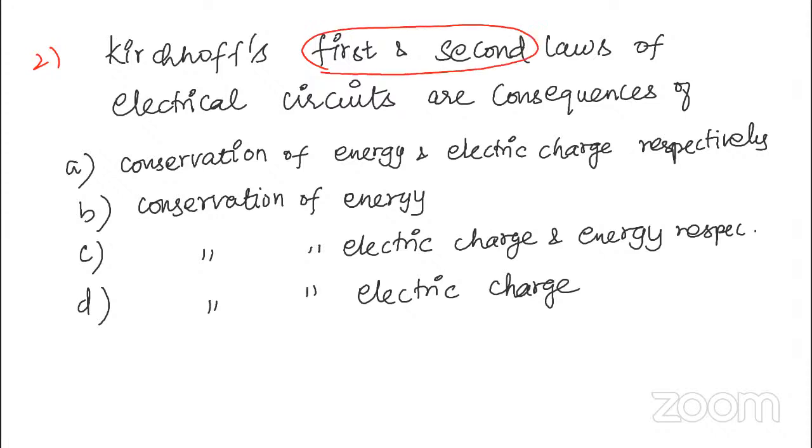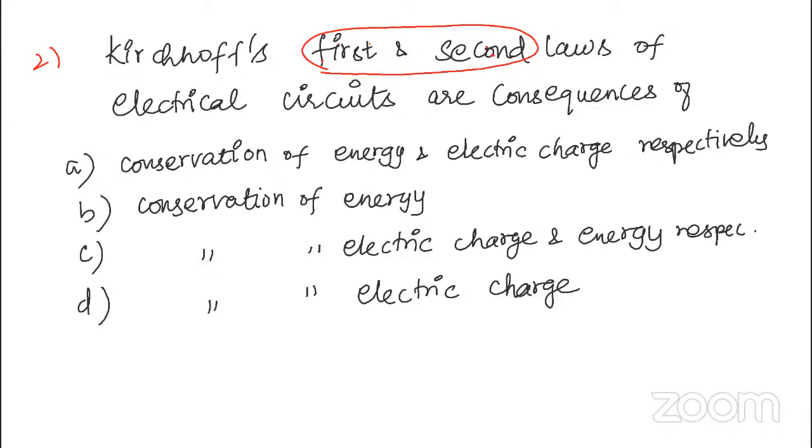Suppose they ask the second law and first law, we have to write it first as the second law and then the first law. So first check the question, whether it is first law followed by second law or second law followed by first law. Only after checking that can we go for the options.